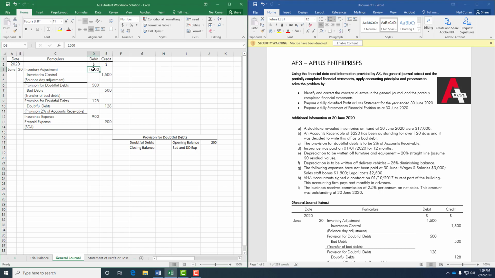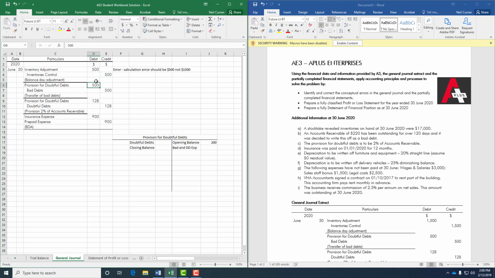So we must adjust this by 500, not 1500. Over here we'll write our error: calculation error, should be $500, not 1500. And so we are just going to adjust this by $500.